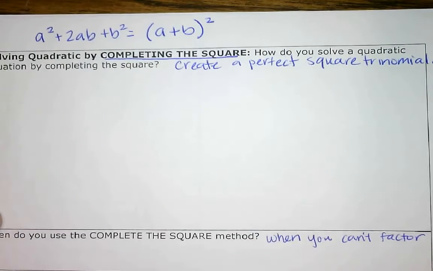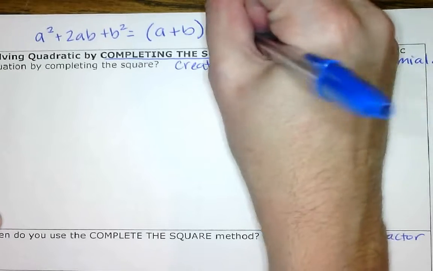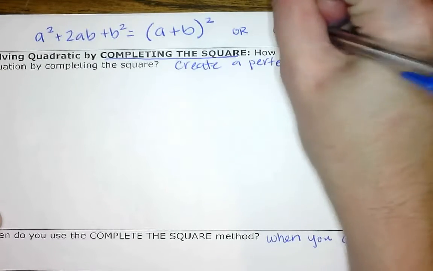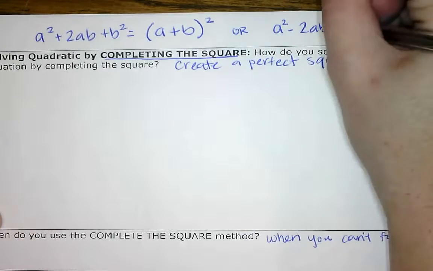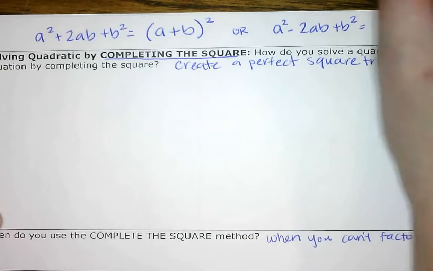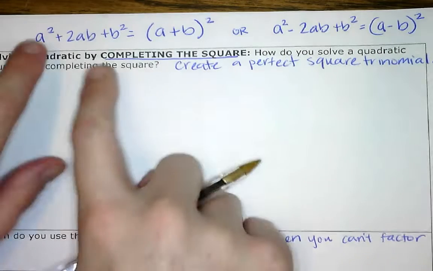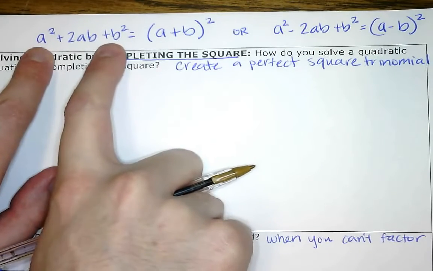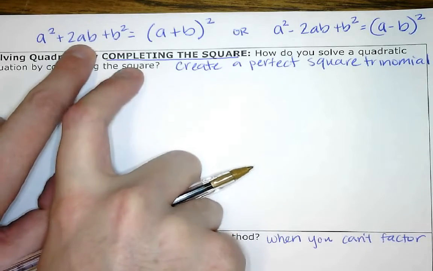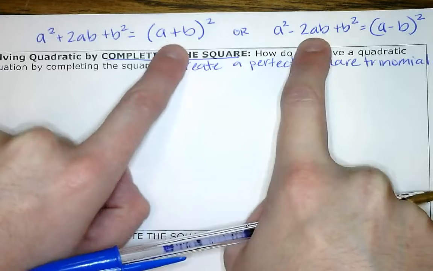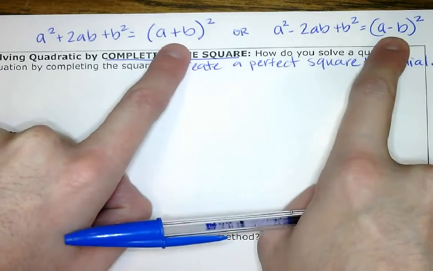Okay, now there's also another one, and this one is if we have a squared minus 2ab plus b squared, and that equals (a minus b) squared. So the difference here is you still have an a squared and a positive b squared, but you either have a plus 2ab or a minus 2ab, and that changes it to a plus b or a minus b.